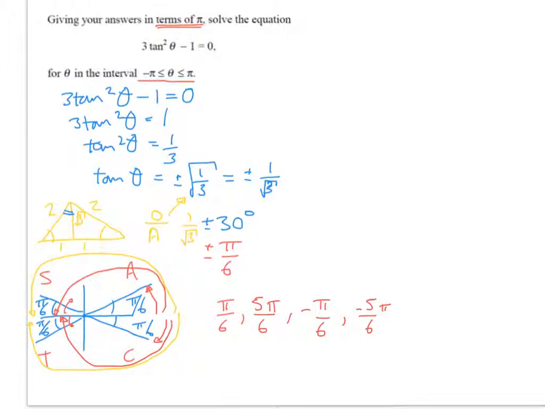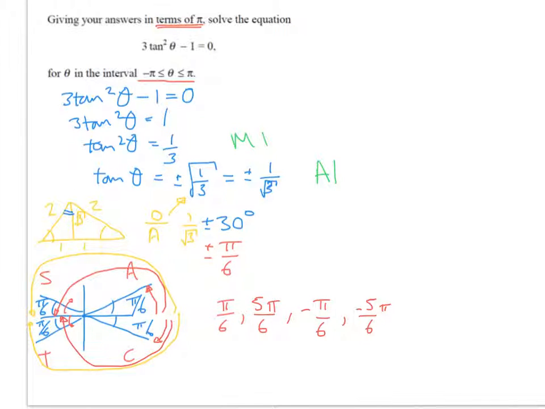Where do the marks come from? Well, if we look here, if you have got tan squared theta equaling a third, you've got 1 method mark. If you had both positive and minus 1 over root 3, you got an answer mark.